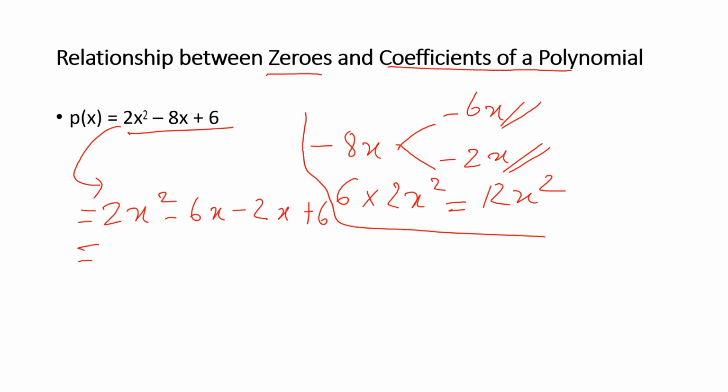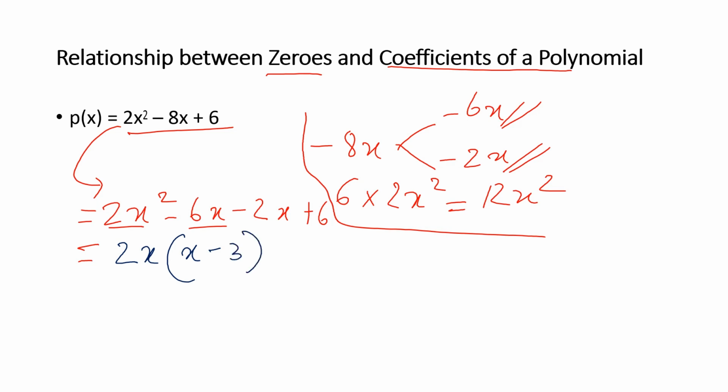Which can again be written as, on taking 2x common from the first two terms, 2x into, what is left here is x minus 3.